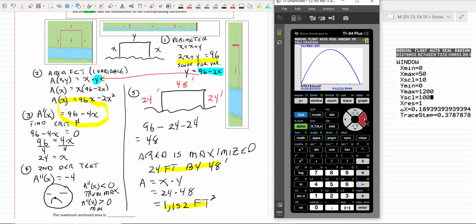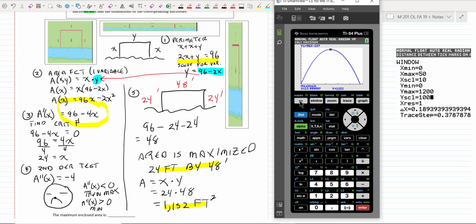Then you get a right bound, move to the right of the maximum. When it says guess, press enter, and out will pop the 24. The calculator doesn't do a derivative, it does numerical methods, so it's not exact. But for all practical purposes, we got 24 when we set the derivative equal to 0, and there's your maximum right there.